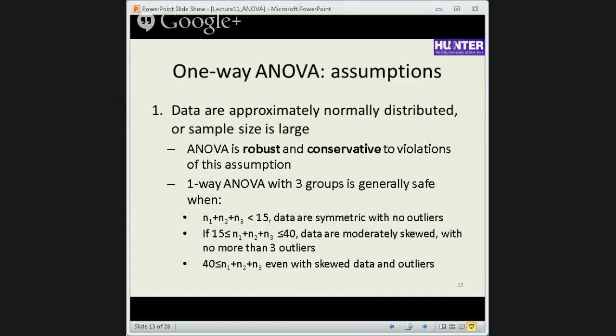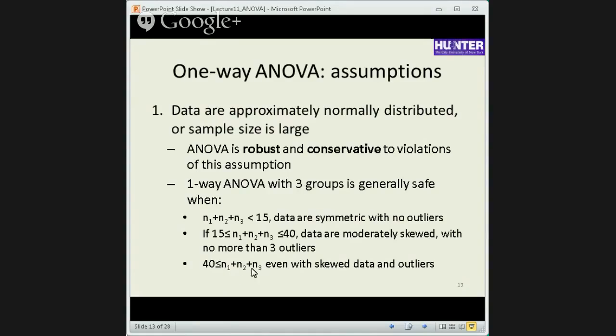Here are some rules of thumb for the one-way ANOVA with 3 groups. This has only limited usefulness because you're going to be doing one-way ANOVA with more than 3 groups, but it gives you an idea. Anything with n greater than 40 is a large sample size.